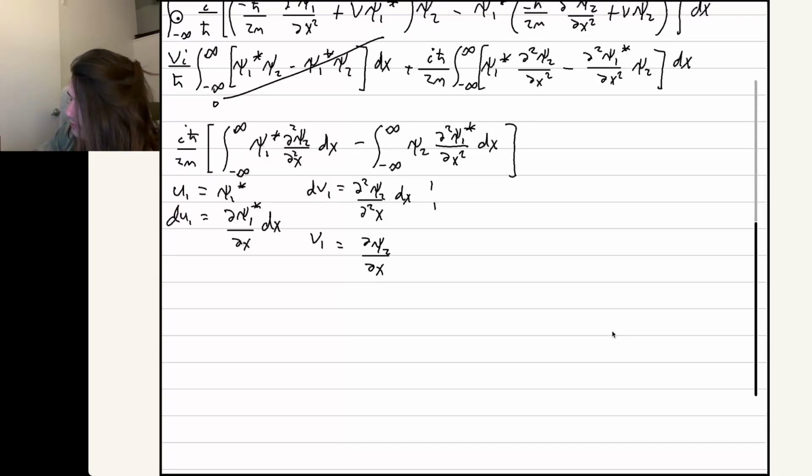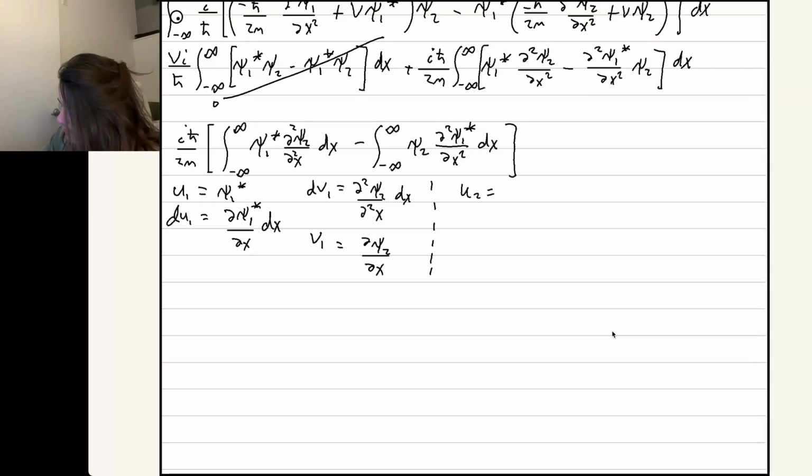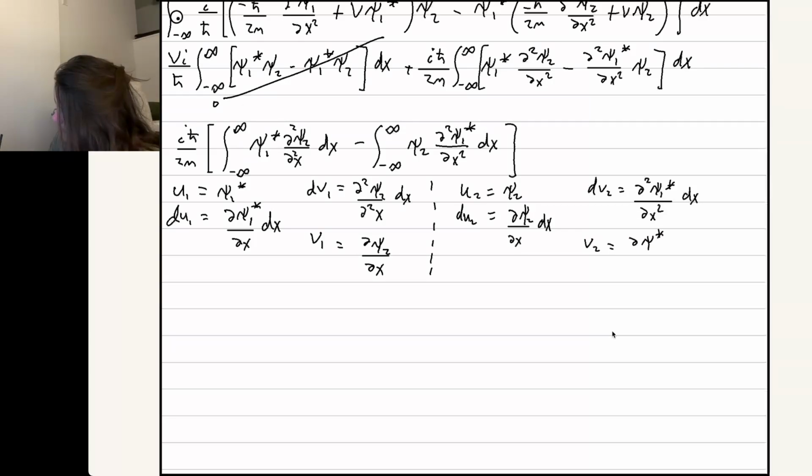On the integral on the right, we do the same, but now u2 equals psi 2, du2 equals del psi 2 del x dx, dv2 equals del squared psi 1 star del x squared dx, and the integral of that is del psi 1 star del x.